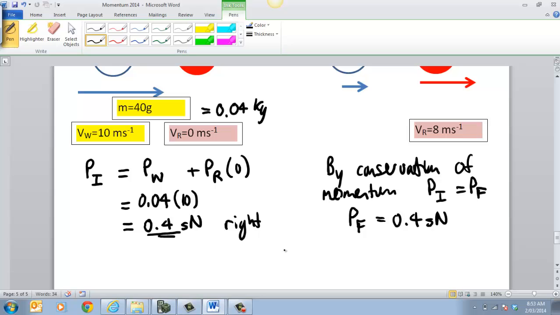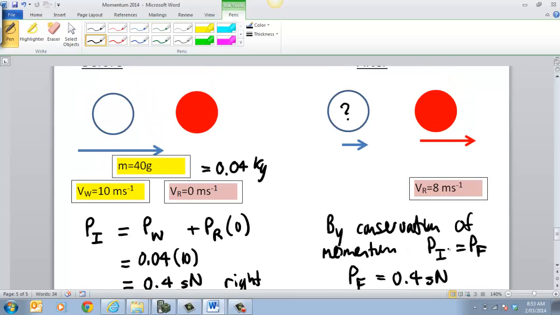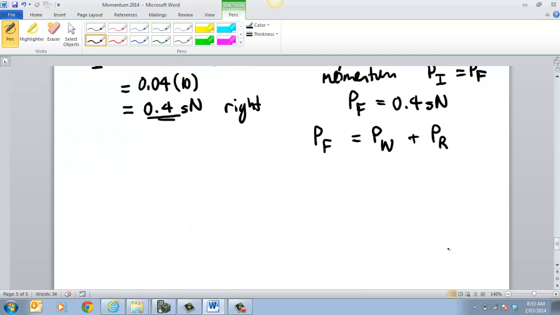Now, our final momentum in this particular case is equal to the momentum of the white ball plus the momentum of the red ball. Both these balls have got the same mass, so what I'm going to do in this case is just work that out. So we know this is 0.4 kg m/s.